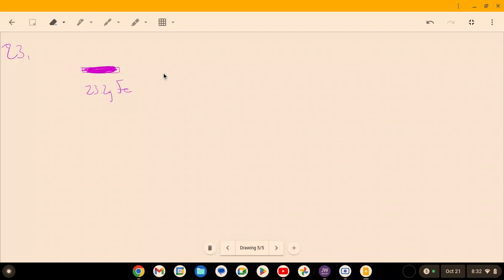What is rust? Well, they said it. It's iron 3 oxide. So you're going from Fe, and I'll say it's a neutral charge, 0. That's if there's no charge written above something, it's implied 0. Unless it's got a plus or a minus, obviously. But it's a neutral charge.